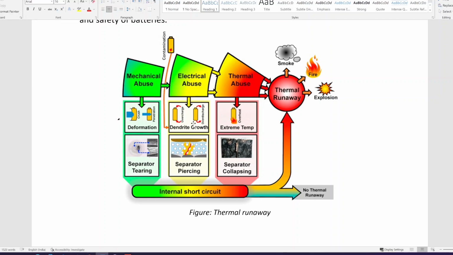It gets similar to one bad apple spoils the batch. So the heat would go on increasing, and this overheating would result in separator collapsing, which would again cause internal short circuit. So if one battery cell gets damaged, there is a likelihood that the cells packed next to it would start getting damaged, and there is a risk of thermal runaway.